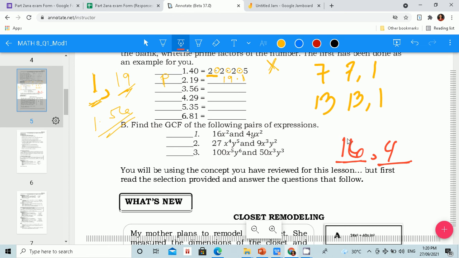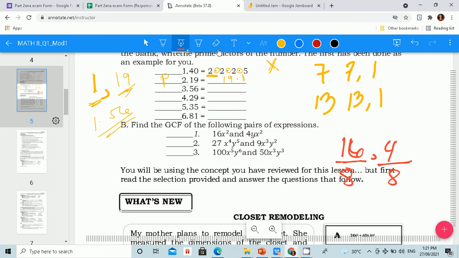Now, is 16 divisible by 8? Yes. Now, what about 4? Can 4 be divided by 8? Yes, it can, but the answer would not be a whole number. So we can say that 4 is not divisible by 8. 8 is not a factor of 4.